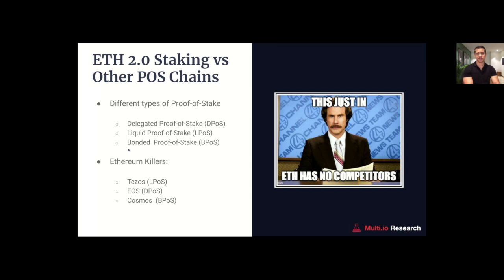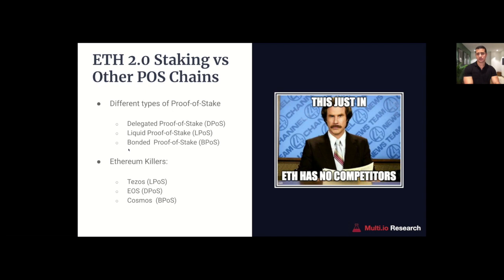EOS raised $4 billion to build their delegated proof of stake consensus protocol. DPoS works like an election system in which a fixed number of block producers are authorized to secure the network and vote on the blocks. EOS token holders get to vote on who will validate the transactions on the network, with their voting power determined by the size of their holdings.